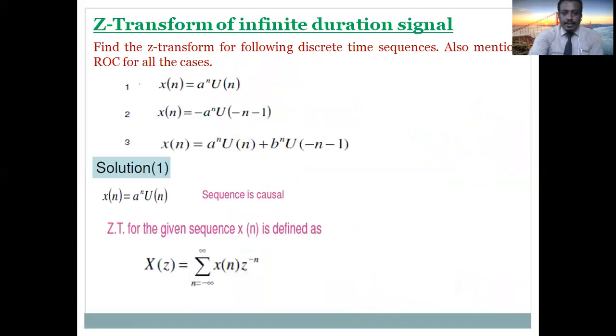Let's see the second example. It's also an infinite duration signal. Example 2.